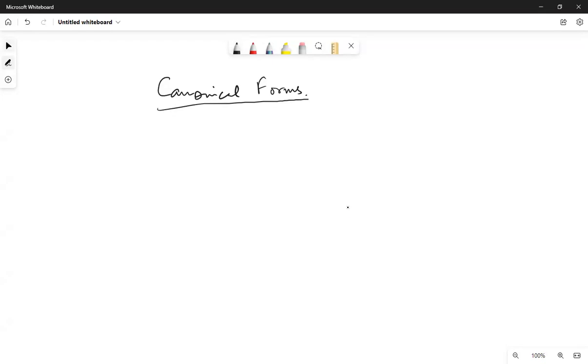So let us start with the canonical forms. We shall be giving a quick look at the definitions and basic results. Let V be a finite dimensional vector space over field F, or K, whatever you want.